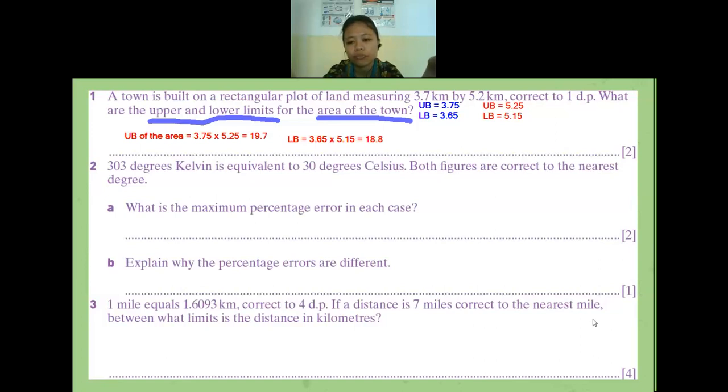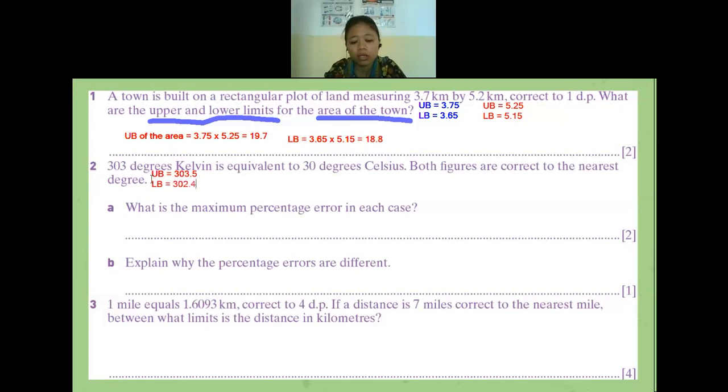Upper bound. Yeah, let us find the upper bound and lower bound. So, what is the upper bound and lower bound of 103? 103.5. Yes, and then for the lower bound? 102.5. Okay.